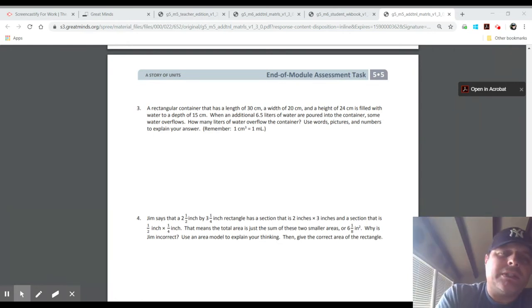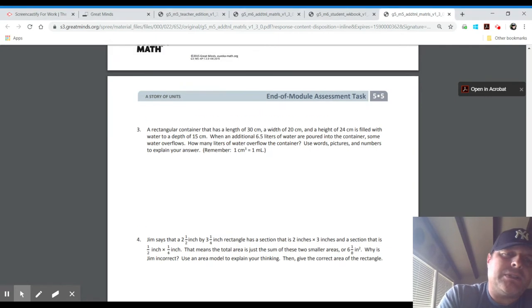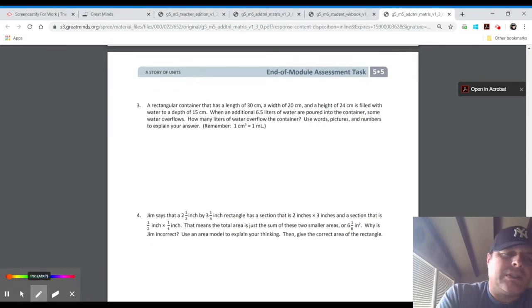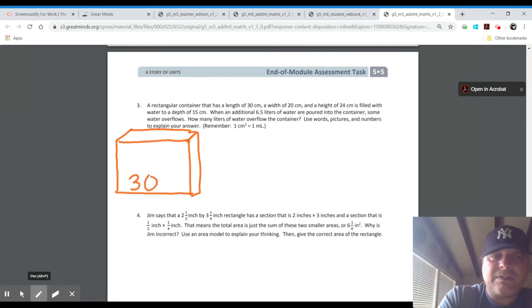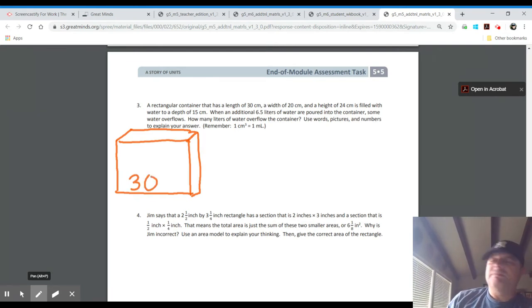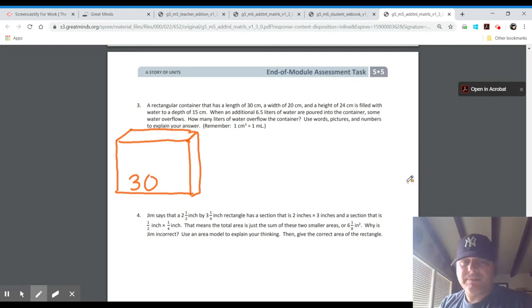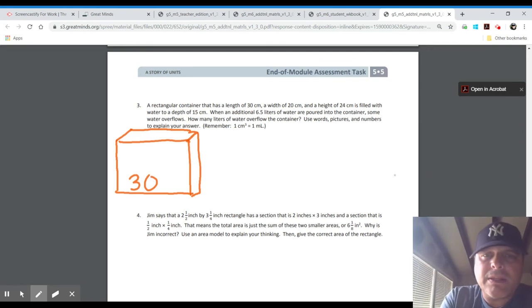Okay, so let's do a picture of our container. So we have a nice container. That's much better than the one I drew a minute ago. Okay, and it says the length is 30, our width is 20, and our height is 24.